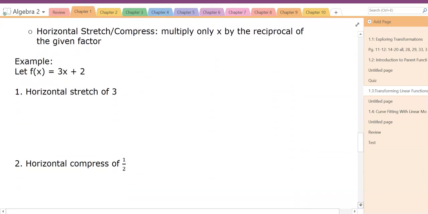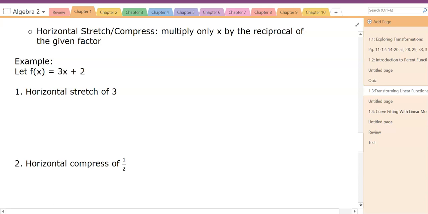So for the horizontal stretch or compression, instead of multiplying the entire expression by our factor, we only multiply the x, but we also have to multiply by the reciprocal. Do you guys remember what a reciprocal is? Yeah, it takes the number as a fraction and it flips it.